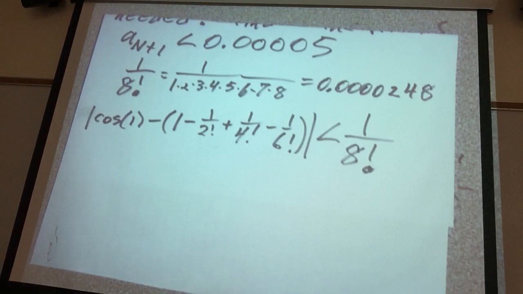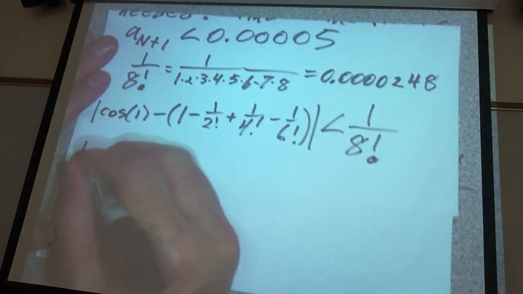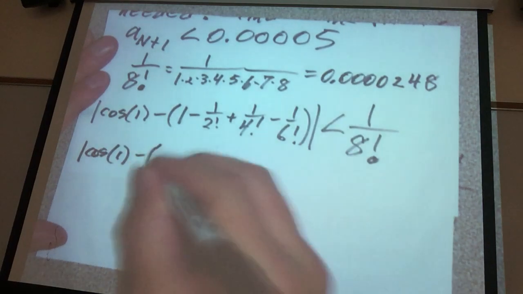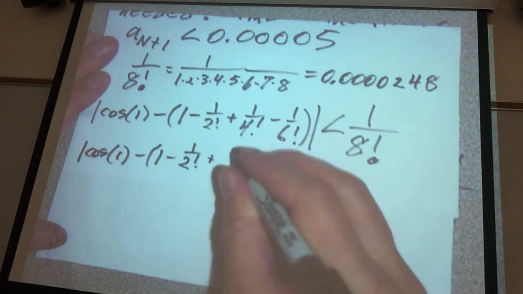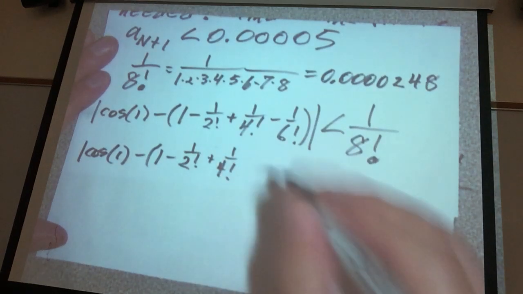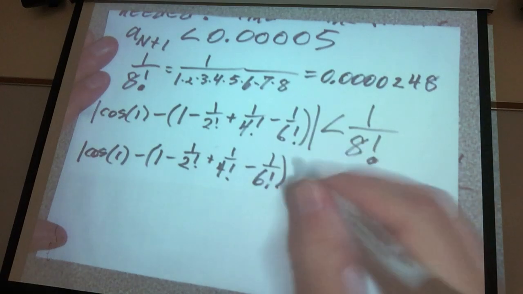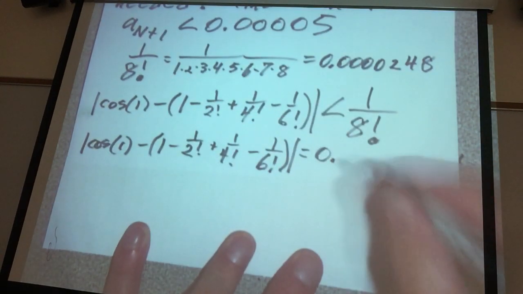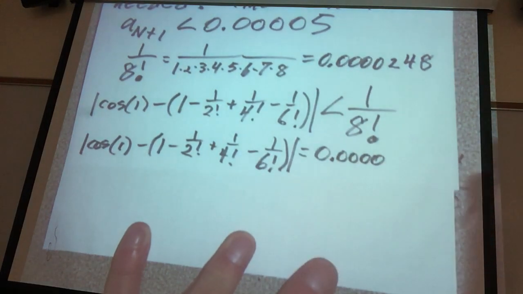Now let's actually check what the actual difference is. Cosine of 1 minus 1 minus 1 over 2 factorial plus 1 divided by 4 factorial minus 1 divided by 6 factorial actually equals 0.0000245.